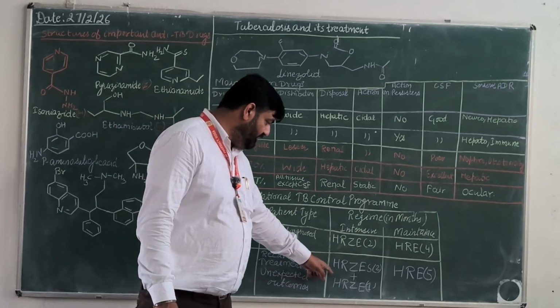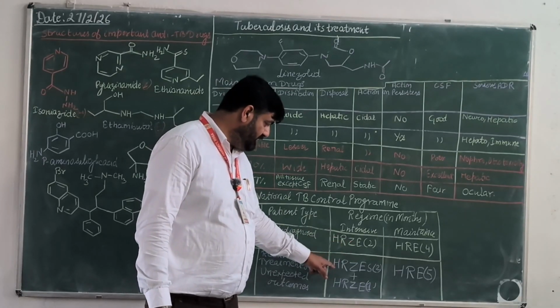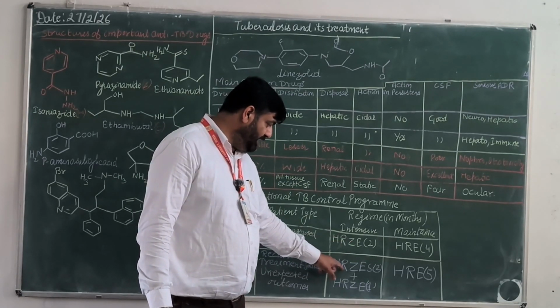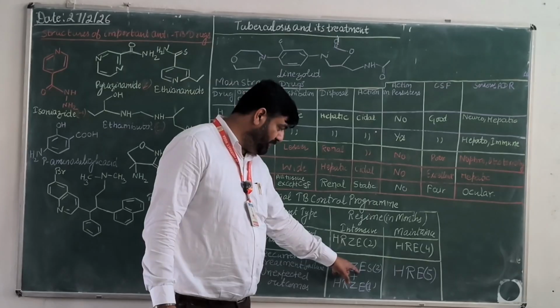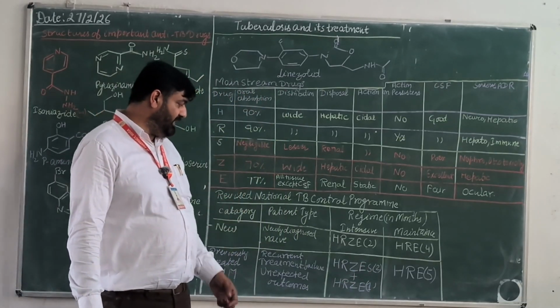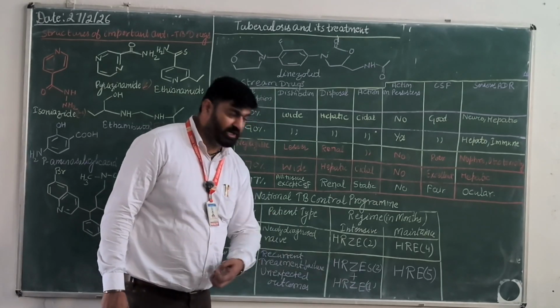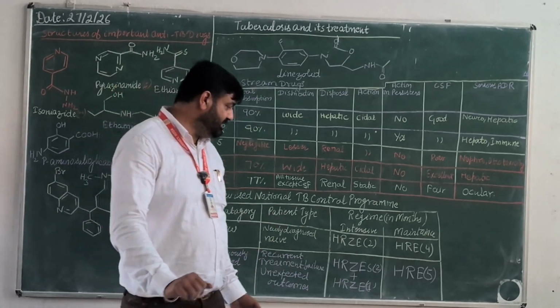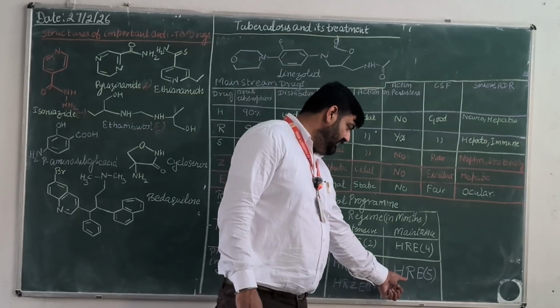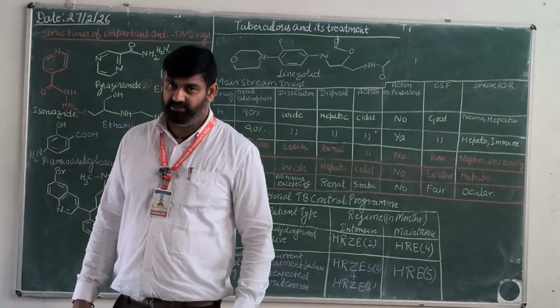For that, for the first 2 months we use isoniazid, rifampin, pyrazinamide, ethambutol and streptomycin, followed by 1 month of therapy with isoniazid, rifampin, pyrazinamide and ethambutol. And for maintenance therapy we have isoniazid, rifampin and ethambutol for 5 months.